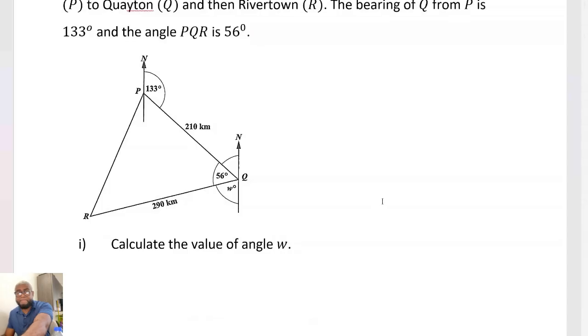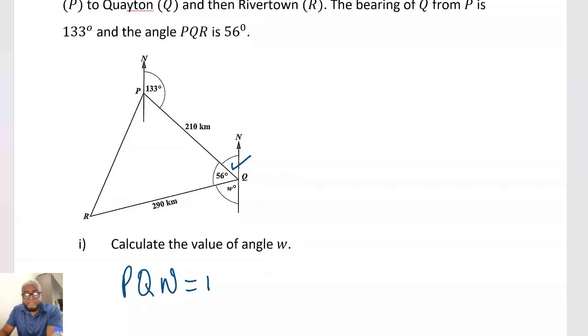How are we going to do that? 180 take away 133 will give me here. The angles at a point on a straight line add up to 180. So we're going to find PQN first. PQN would be equal to 180 minus 133, because we have co-interior angles there.